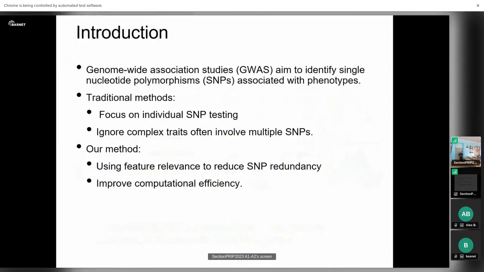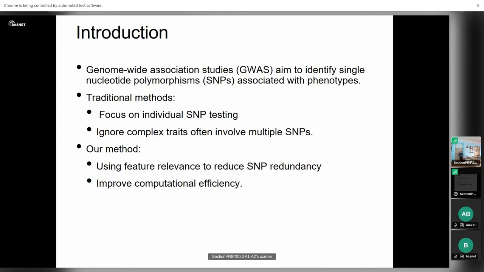Genome-wide association studies aim to find single nucleotide polymorphisms associated with phenotypes.